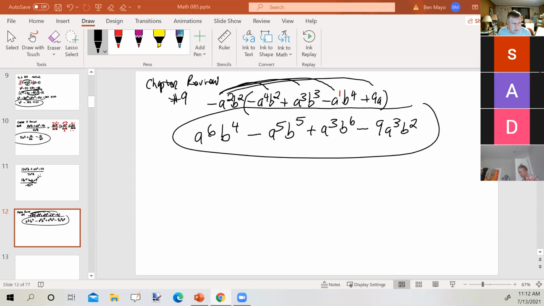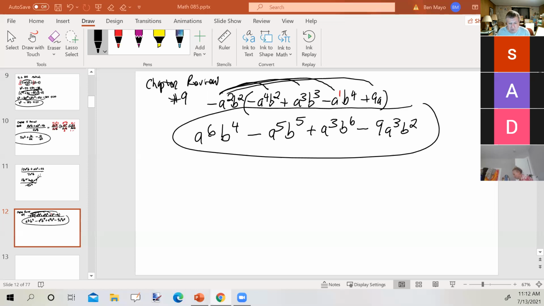It looks like you got them all right, but which one is it that you wanted to look at? Alana? Sorry about that. I thought I was unmuted. Okay, which one? Yeah, number 18, because I was getting the signs wrong at first, so I'm not sure how to apply the negative.